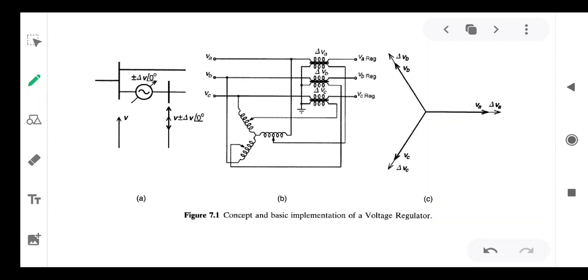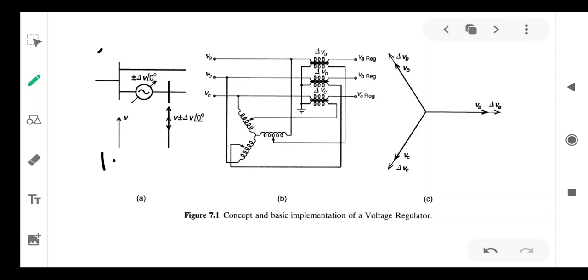Here this is a single line diagram of the controller, in which this is a bus voltage V, this is 1, this is a voltage controller, magnitude controller, say.